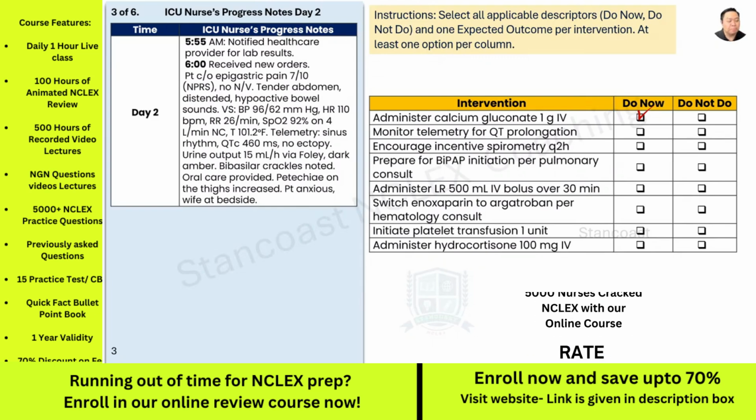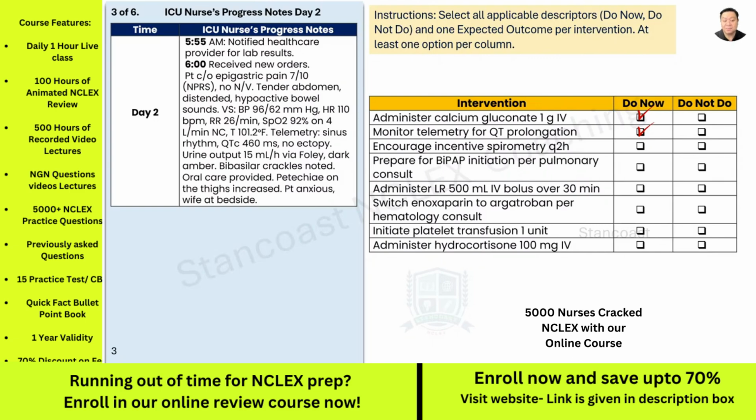Now, what about the second intervention? It says monitor telemetry for QT prolongation. What do you think about this one? This is do now. You have to continue monitoring the patient's cardiac rhythm because of the prolongation. Remember about the 460 QTc, and the hypokalemia and the hypomagnesemia are known to worsen this.